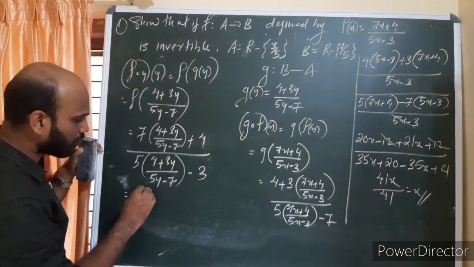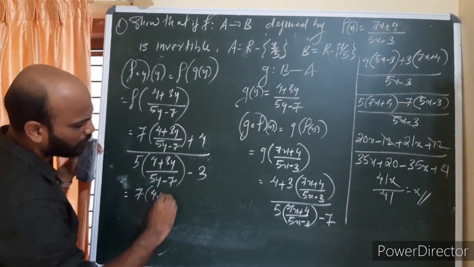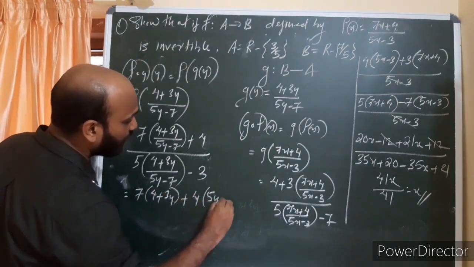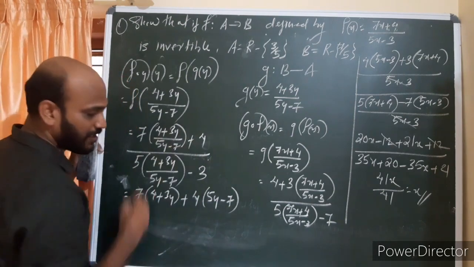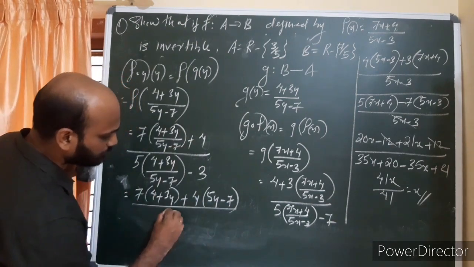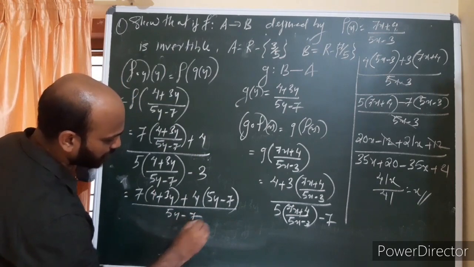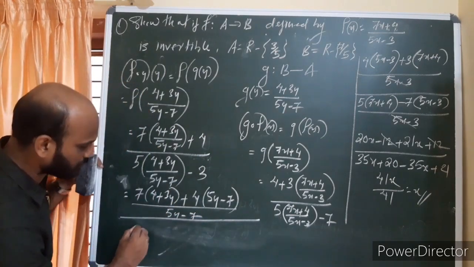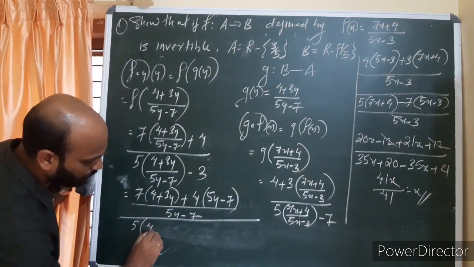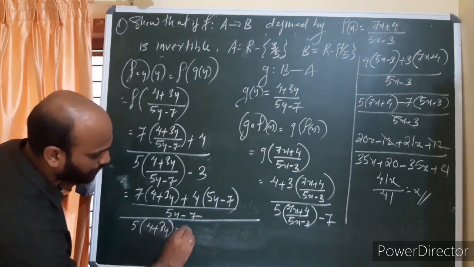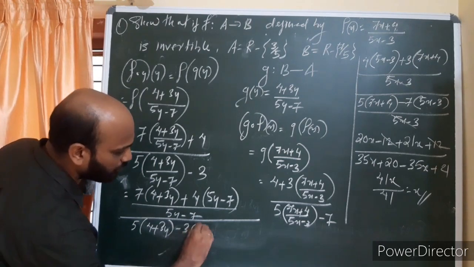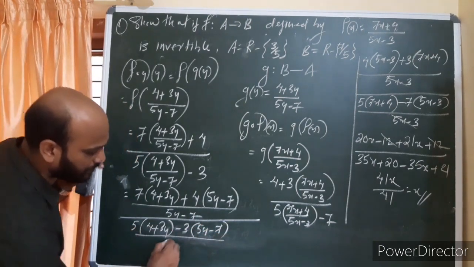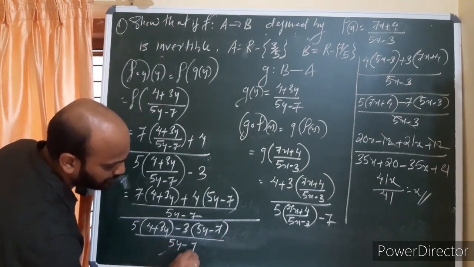So this will be equal to 7 into (4 + 3y) plus 4 into (5y - 7), we are finding the LCM, (5y - 7), whole divided by, here also you have to find the LCM. So you will get 5 into (4 + 3y) minus 3 into (5y - 7), whole divided by (5y - 7).